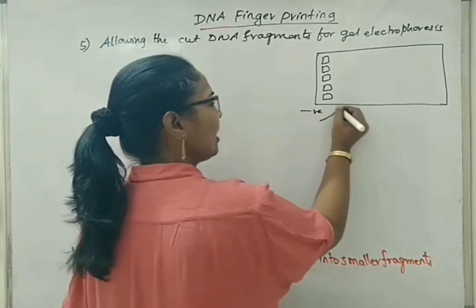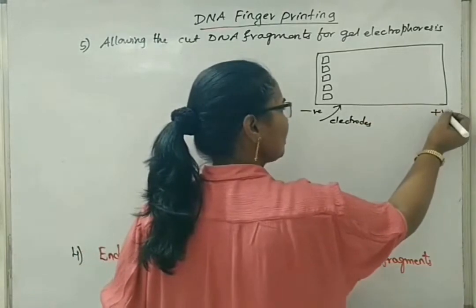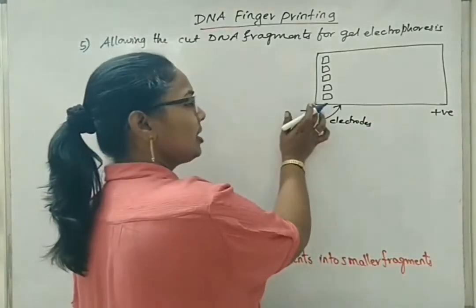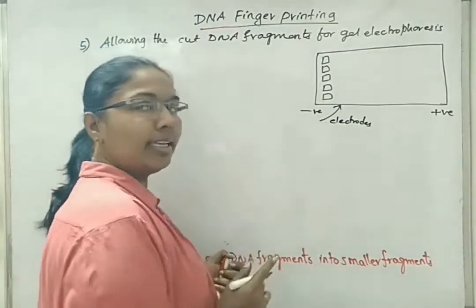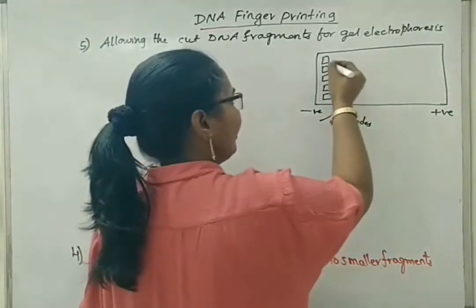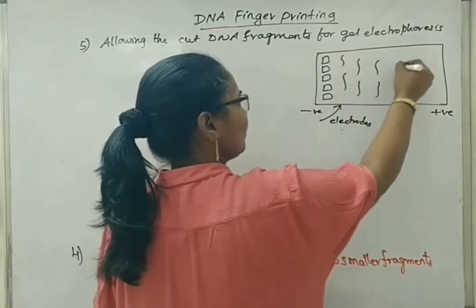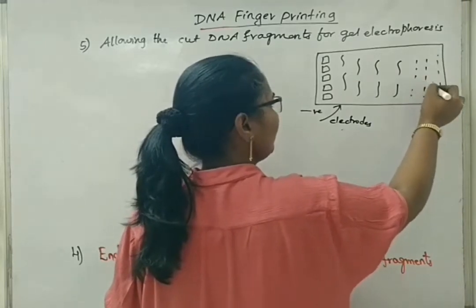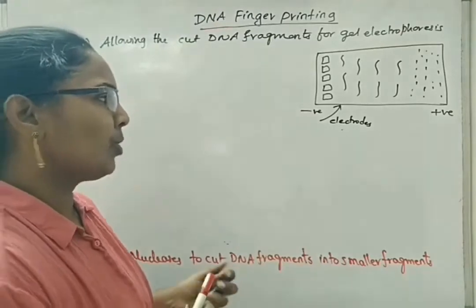Here, these are connected with the electrodes and current is continuously passed so that the opposite end will have a positive charge. The area near the wells in which DNA fragments are poured will have a negative charge. DNA has a negative charge because of the phosphate ions. So when we pass the electricity, nearby there are long DNA fragments, and going away from the wells, it shows very small or light DNA fragments, very much smaller ones.